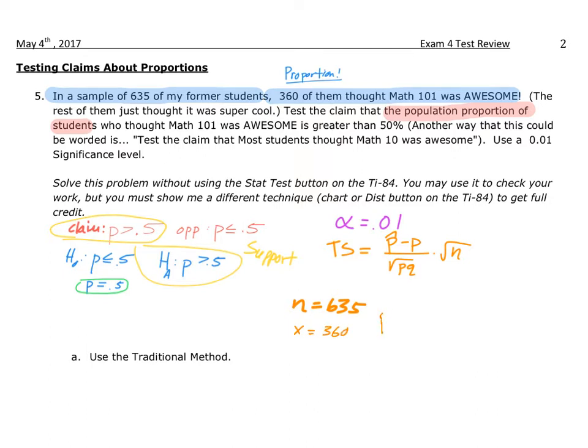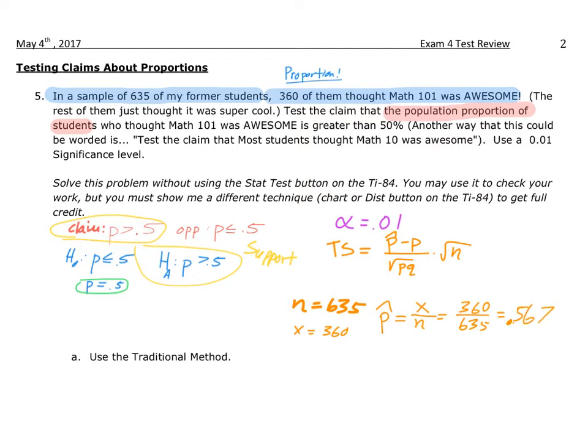To calculate p hat, it hasn't changed from the very beginning of the course. It's just x over n, the number of successes out of the total. In this case, that becomes 360 over 635. When I type that in the calculator, I get a decimal number that I'm going to estimate at 0.567.